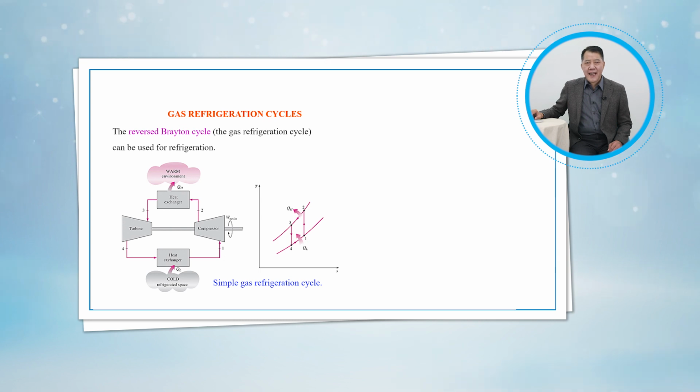In actual gas refrigeration cycles, the compression and expansion processes deviate from the isentropic ones, and T3 is higher than T0 unless the heat exchanger is infinitely large.